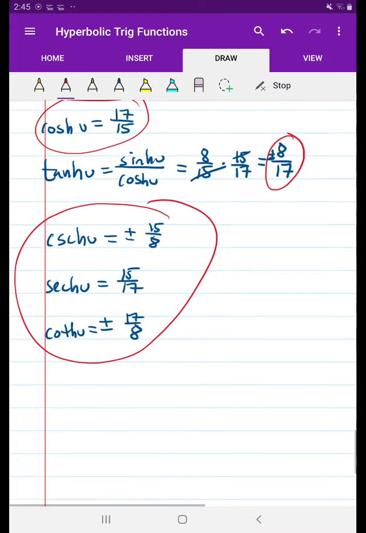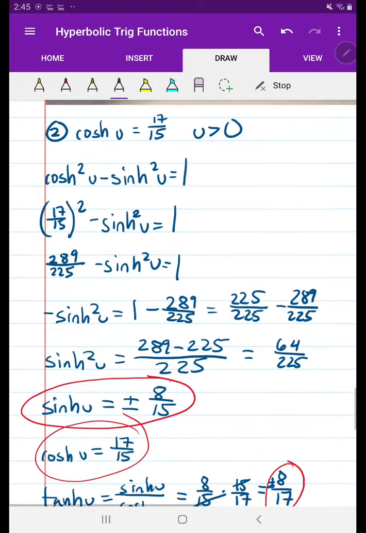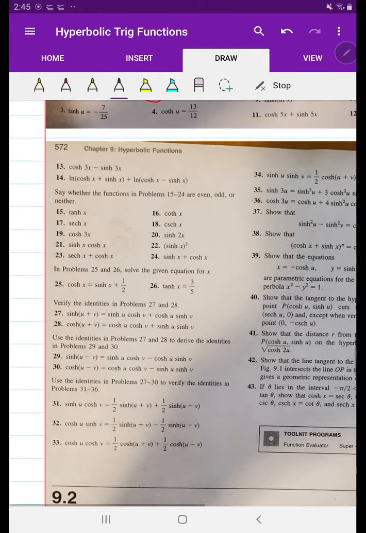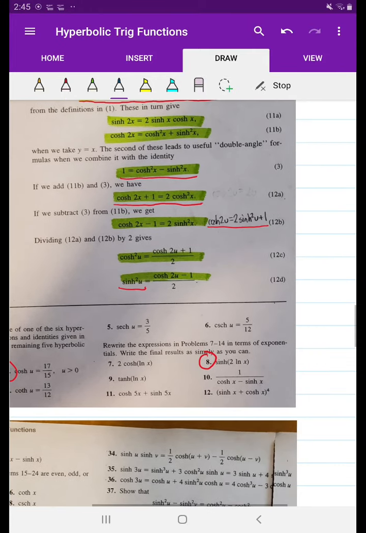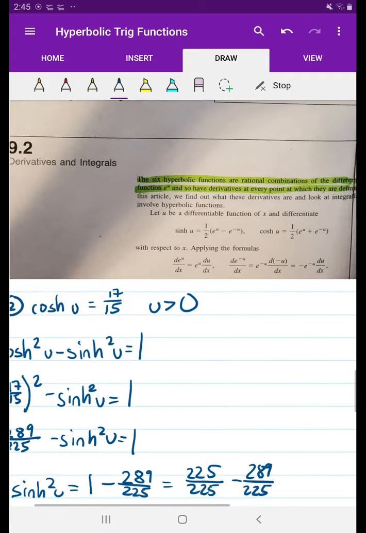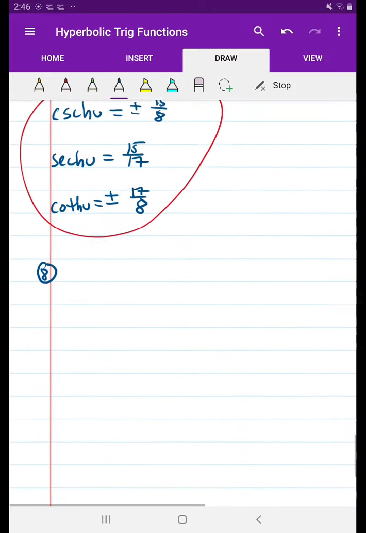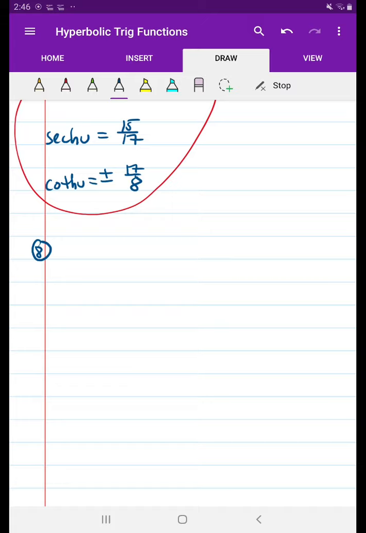So now let's take a look at number 8. So if we go back up to the top to see what number 8 was. For number 8, they want you to rewrite the expression in terms of exponentials and write the final results as simply as you can, okay? So in terms of exponentials, that means they want it with all e's as simply as possible. And so what they give us for number 8 is sinh of 2 natural log x, okay?